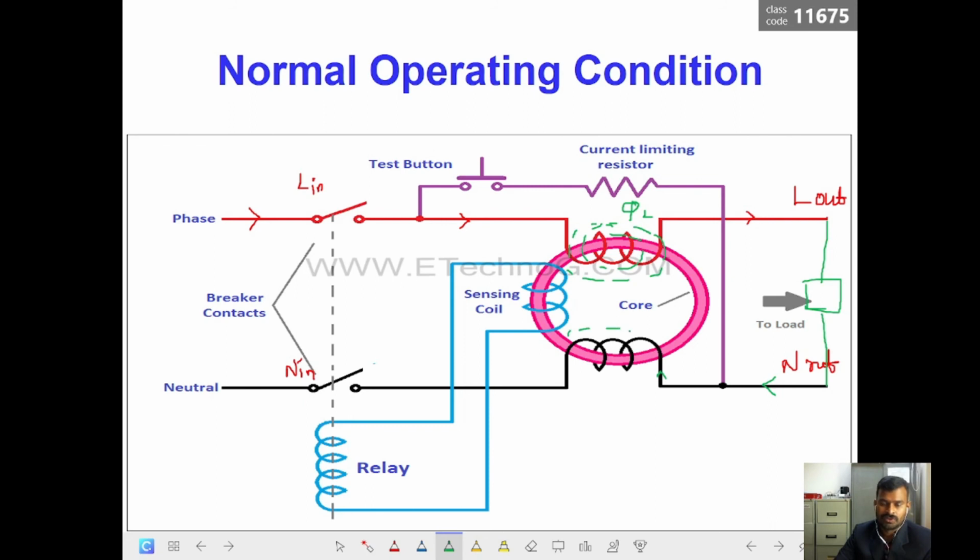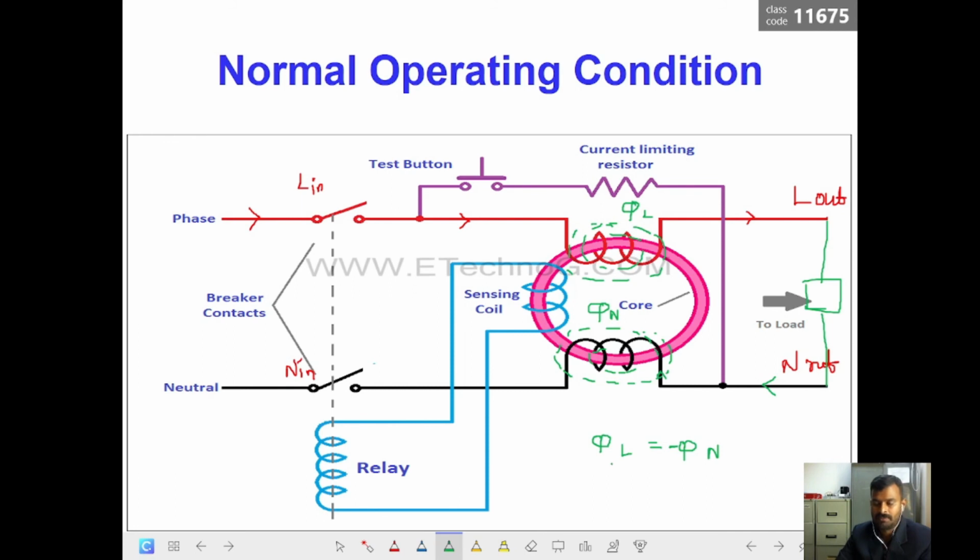This also produces a certain flux, because whenever there is a current flow in a coil, there is going to be a flux. Let us call this phi N. So phi L and phi N are equal in magnitude, but in polarity they are in opposite directions, since the current flow is in the opposite direction, so the flux produced is also in the opposite direction.